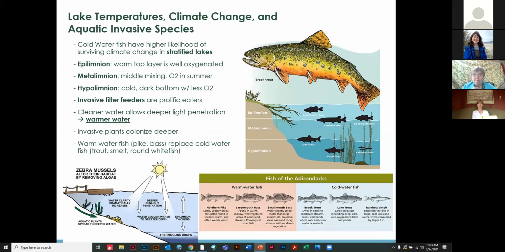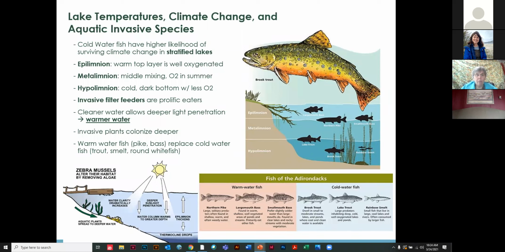We're seeing the impact of climate change. So we're having lower precipitation, higher ambient temperatures, lower snowfall, earlier snowmelt, and this is all impacting the temperature of what are supposed to be cold Adirondack waters, which are used by cold water fish. So your trout, your smelt, your lake trout, even your brook trout especially.